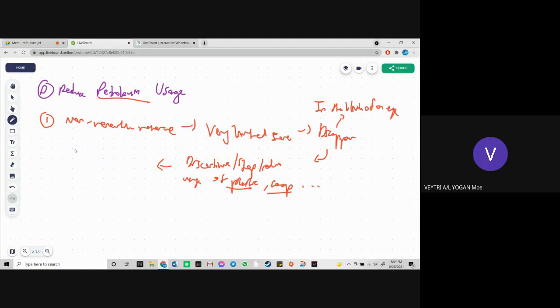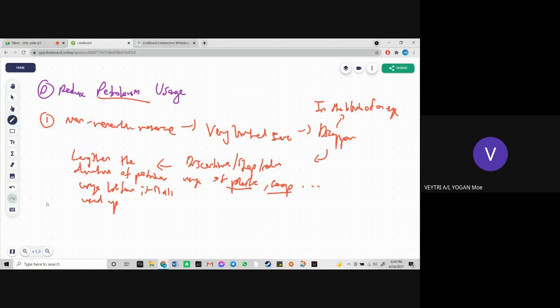But what you can do, you can actually lengthen the duration of petroleum usage before it is all used up. Instead of finishing in 2 months, you can finish it up in 2 years. You lengthen the duration. It will end up finishing at one point. That's why you have to lengthen the duration of finishing.